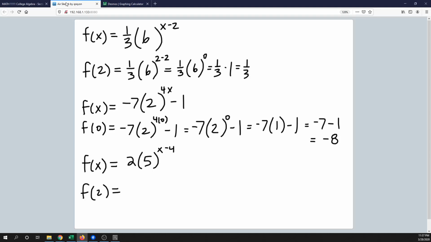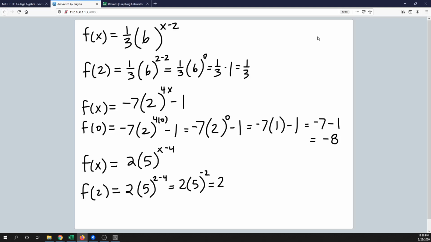All right, so again, just plug 2 in for x. I get 2 minus 4. All right, so 2 minus 4 is -2.